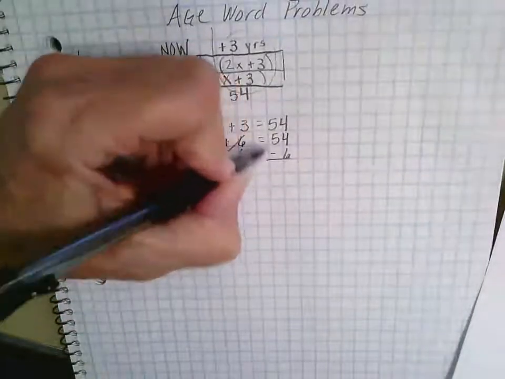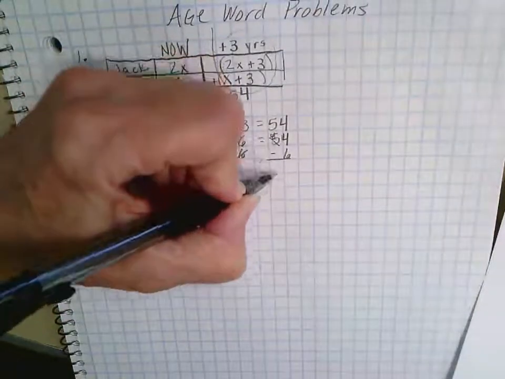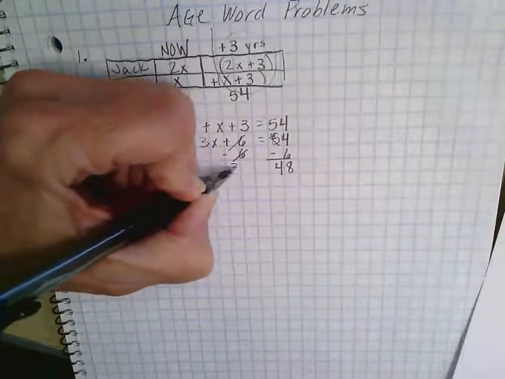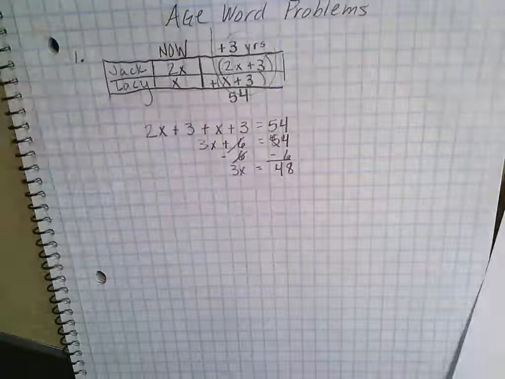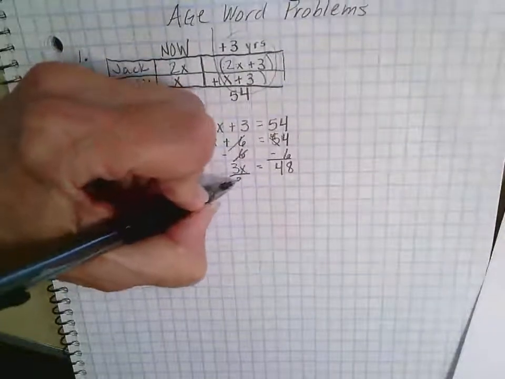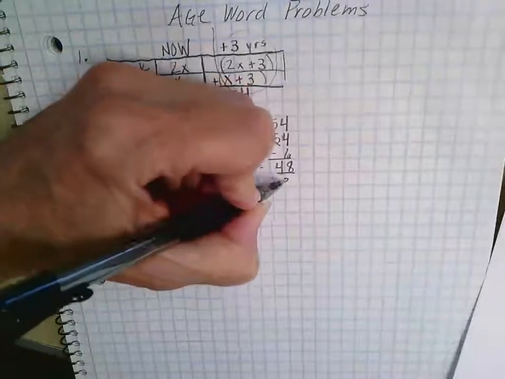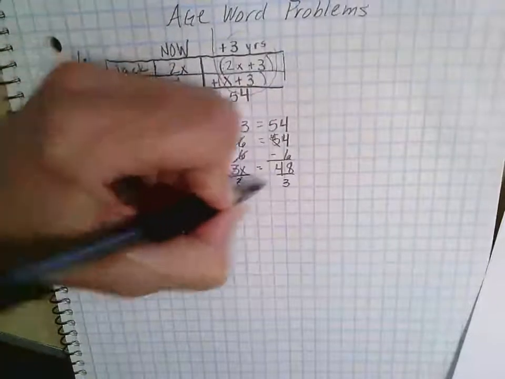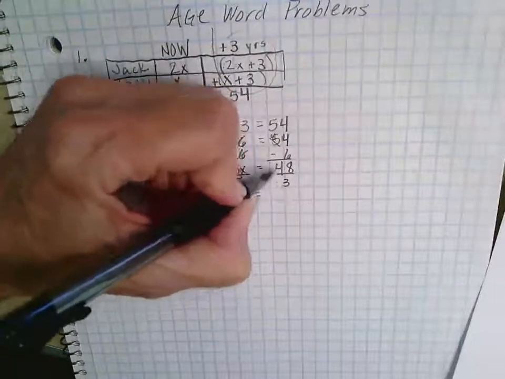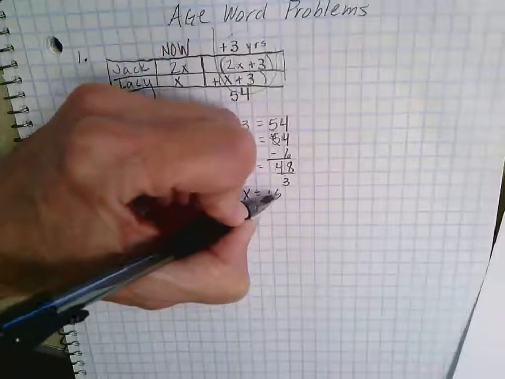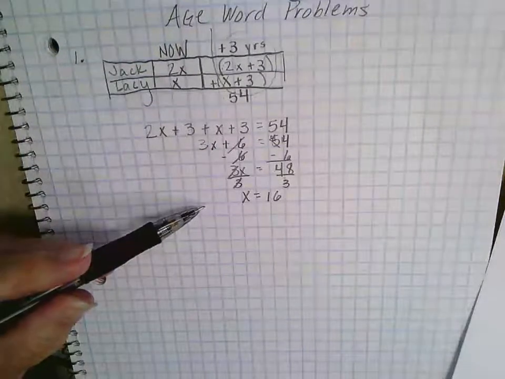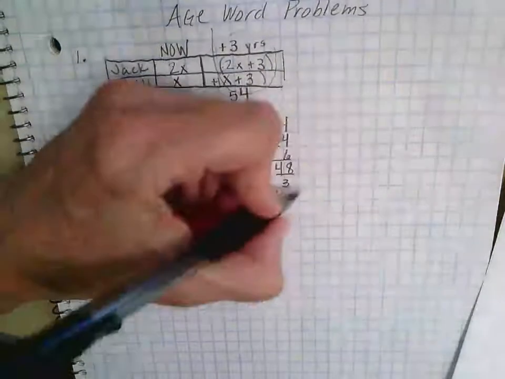And over here, I'm going to get 48. And on this side, I still have my 3x. 3x is equal to 48, so I'm going to divide each side by 3. And I'm going to get x is equal to 16, I believe. 16 years, 16 times 3, yes.